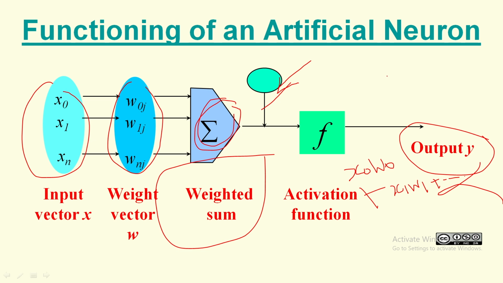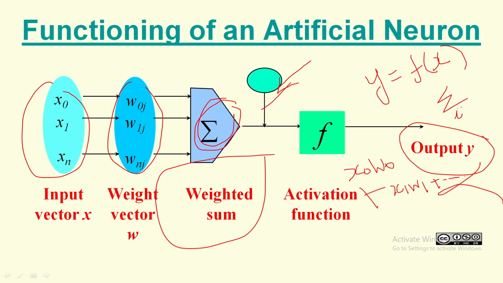Once again I summarize this operation. When you want to calculate the output y from an artificial neuron, it should be a function over the input. What is that function? It is nothing but the calculation of the net input.